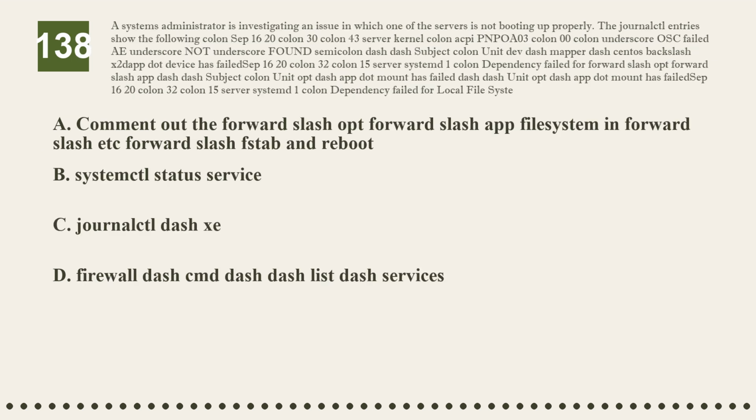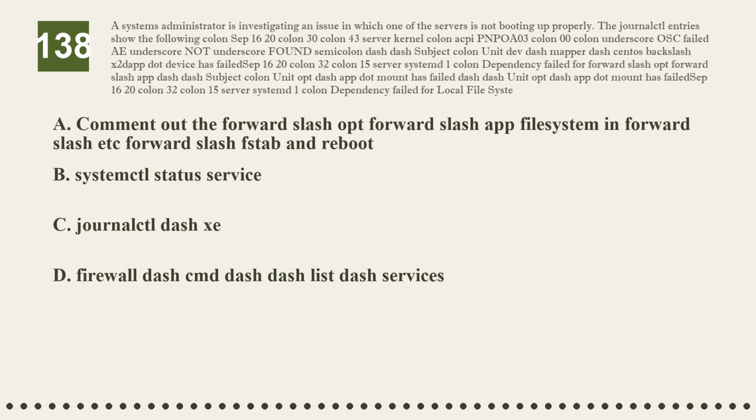Question 138. A systems administrator is investigating an issue in which one of the servers is not booting up properly. The journal entries show the following: September 16, 20:30:43 server kernel ACPI info 03:00:OSC failed AE not found.